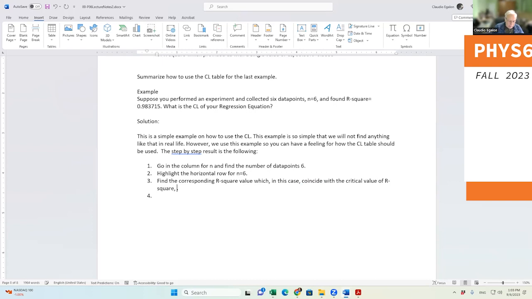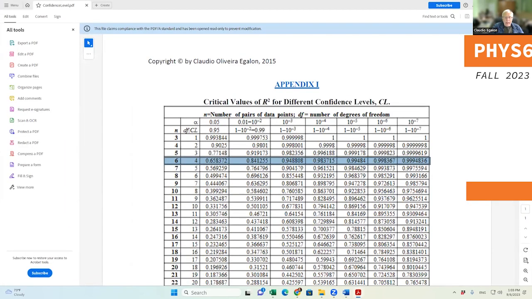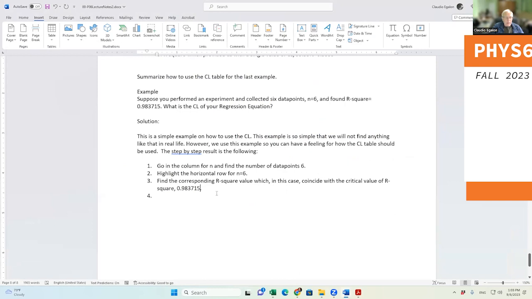Okay, 0.983715. So look for 0.983715, right? It is right in here. Highlight this value. It coincides with the critical value of R square.